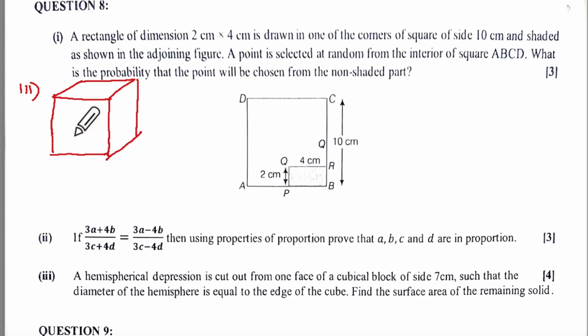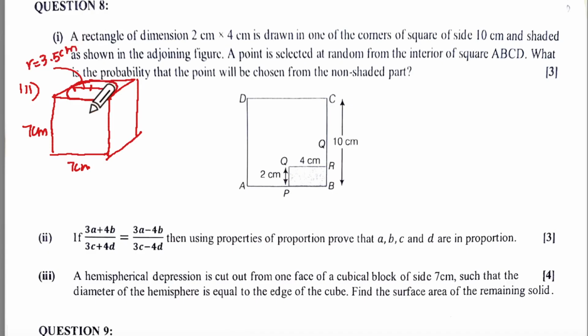Now they are telling you there is a cube and side is 7 centimeter. And there is a hemispherical part cut from here. So from here to here also is how much? 7 centimeter. And this much will be the radius of the hemisphere. So I will show here, this will be radius 3.5 centimeter.